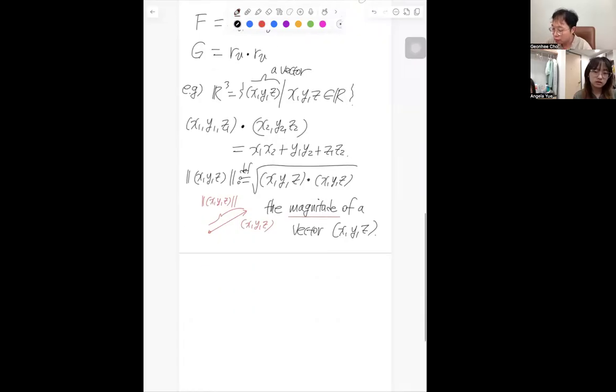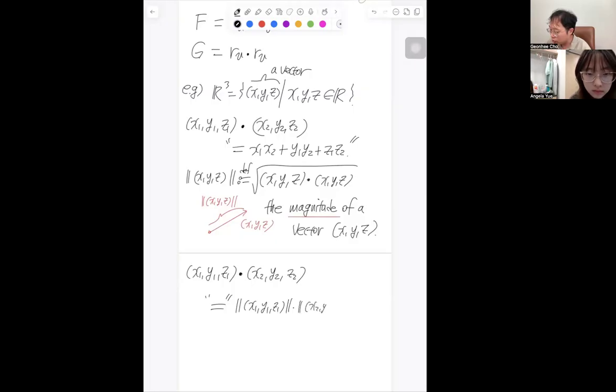And then what you also know is, if you have x1, y1, z1, I already wrote it, but let me rewrite it so that you can appreciate it. Of course, this is defined by this expression, but this is also the same as the following: the magnitude of (x1, y1, z1) times the magnitude of (x2, y2, z2) times cosine theta, where theta is the angle between the two vectors.